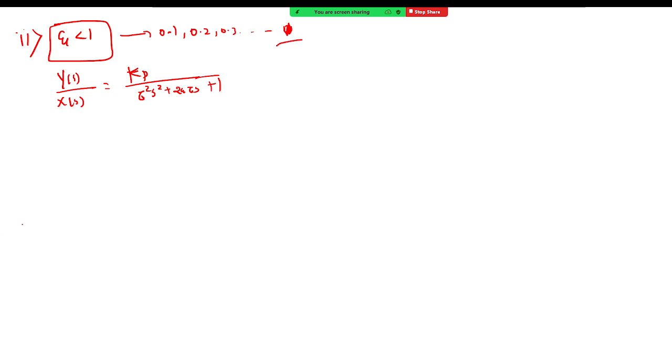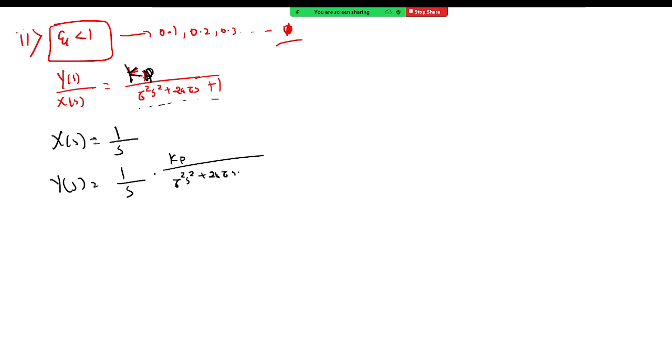Is it clear? For every particular value, you cannot calculate. If X(s) is equal to 1 upon s, then Y(s) is equal to 1 upon s into Kp divided by tau square s square plus 2 zeta tau s plus 1.